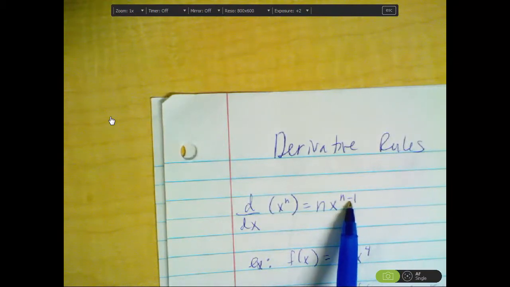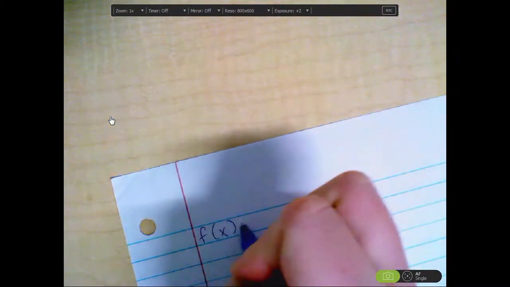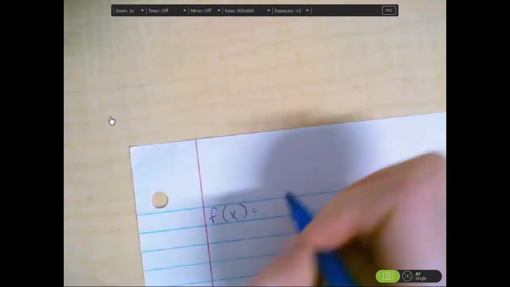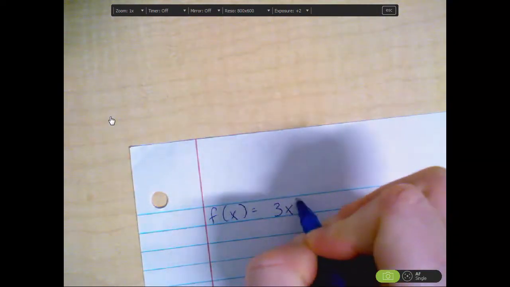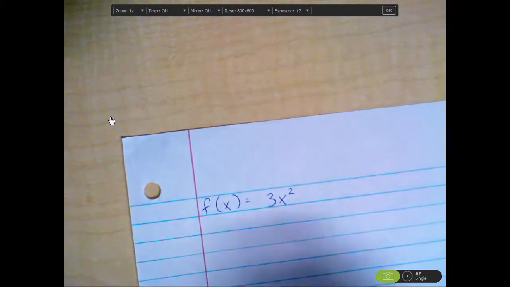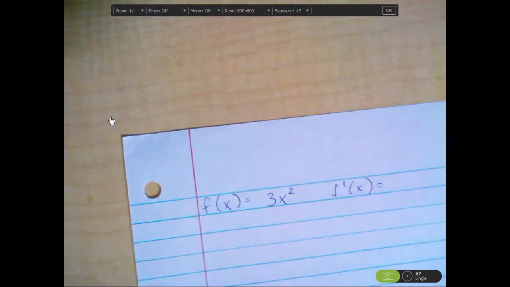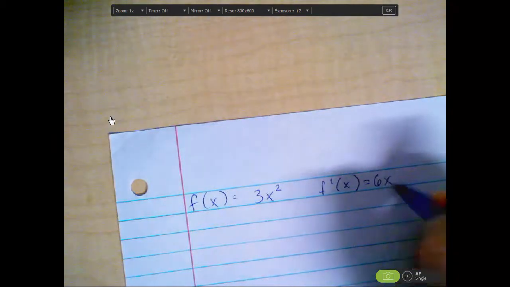So again, I would like you to use the difference quotient to evaluate f of x equals 3x squared. Pause the video and go ahead and use the difference quotient to show that. What you're going to find is that f prime of x, the derivative, is 6x.